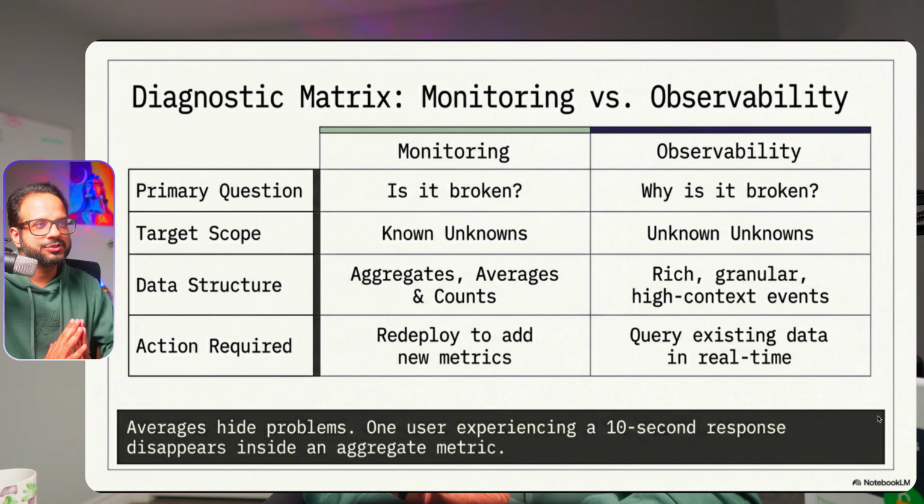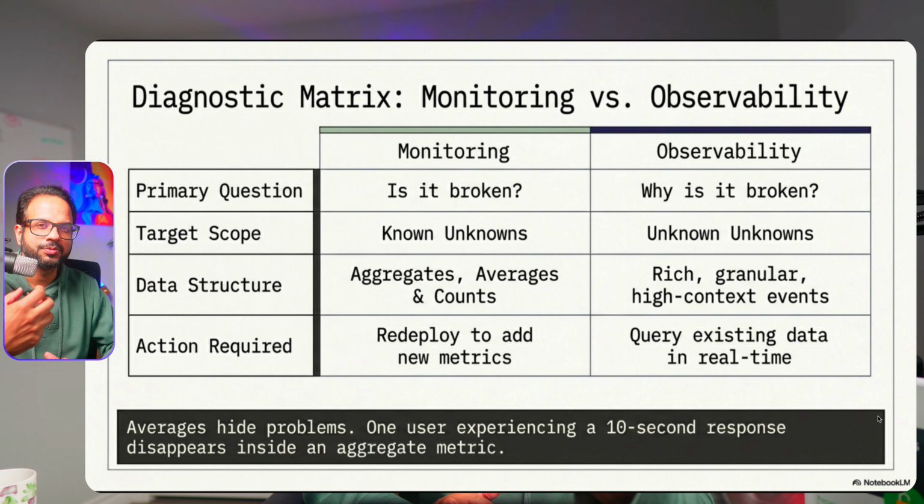Now, when it comes to data structure, in monitoring, you use aggregates, averages, and counts. In observability, you use rich, granular, high-context events, and we'll look into that. What do I mean by that? In monitoring, you redeploy to add new metrics, right? Let's say you have faced some new issues, so you now need to monitor the new metrics as well.